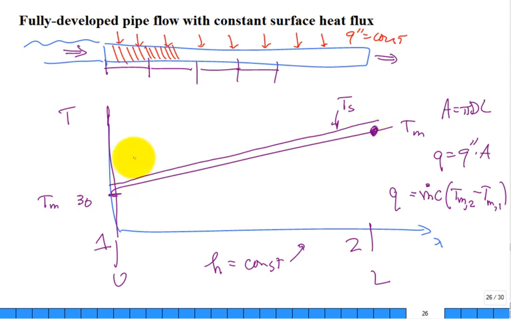And everywhere at this point and this point, there's a temperature difference, isn't there? Because it's all fully developed, that temperature difference, the T of the surface minus the mean temperature at that location, is a positive amount, and it's constant. So from our rate equation, Newton's law, if I took this multiplied by h, isn't that q double prime?